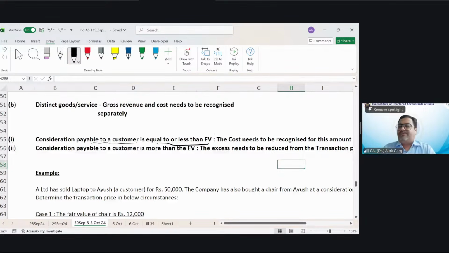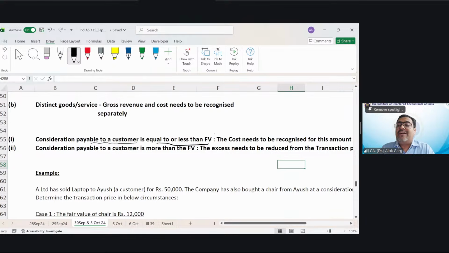Other example, Rahul has brought 1,000 rupees stationery for me. Instead of paying him 1,000, I paid him 1,500 rupees. Tell me, I am paying a consideration to a customer which is more than the fair value of the goods and services he has given me. So what does it mean? 1,000 tak to theek hai, but I am paying him an additional 500 rupees. What is the benefit of the additional 500 rupees? क्या होगा?